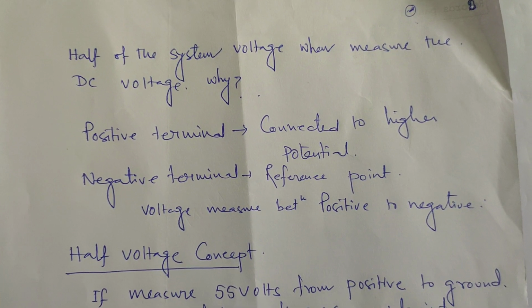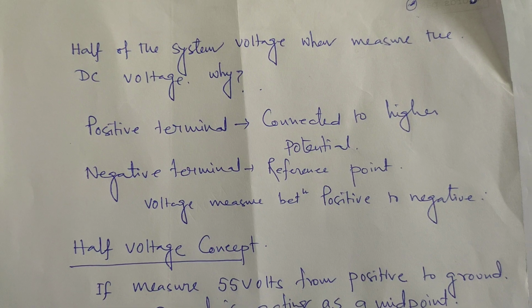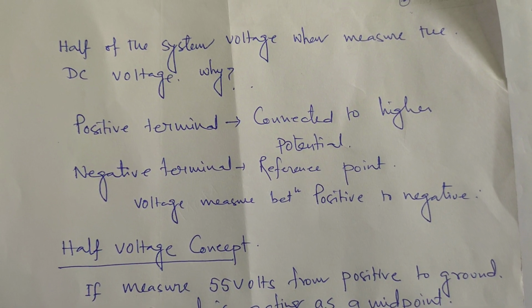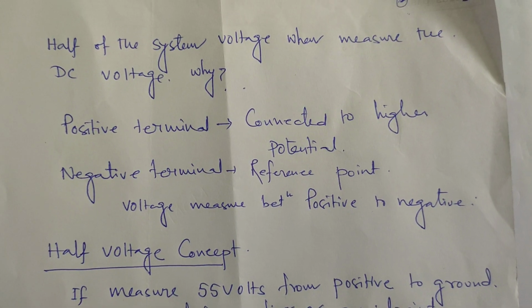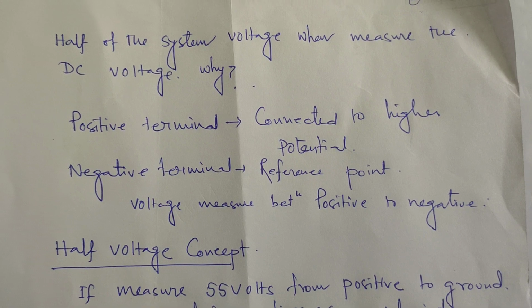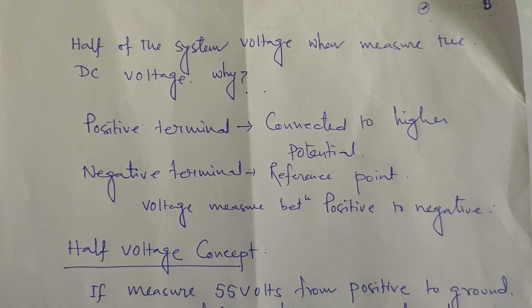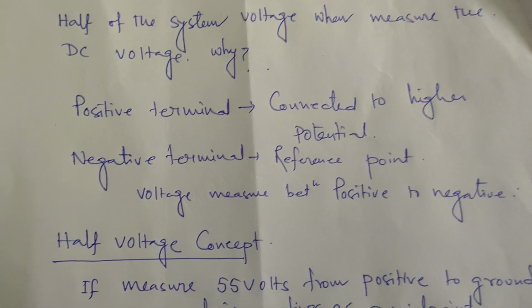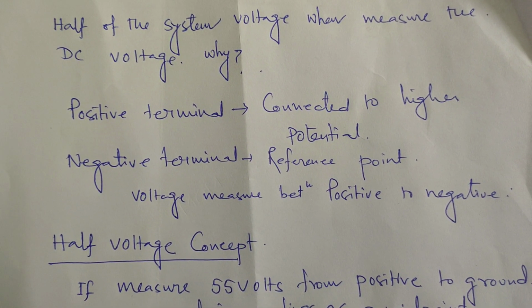The positive terminal is the higher potential terminal and the negative terminal is the reference point from which you are measuring the voltage of the battery bank or battery charger output.